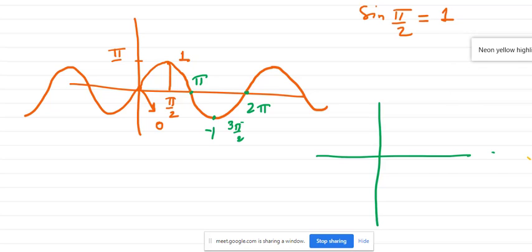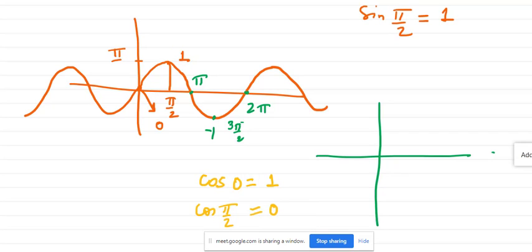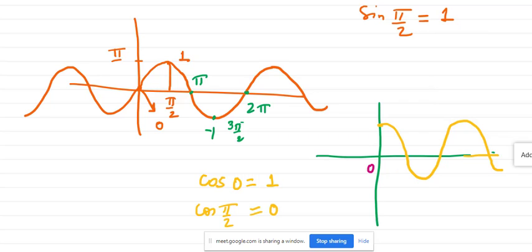Now the other graph I'm making is for cos. You know that cos 0 is how much? 1. And cos 90 is 0. So this graph is a little bit different. This starts with the value 1. So the graph for cos is like this. At 0 the value is 1. At 90 the value is 0.